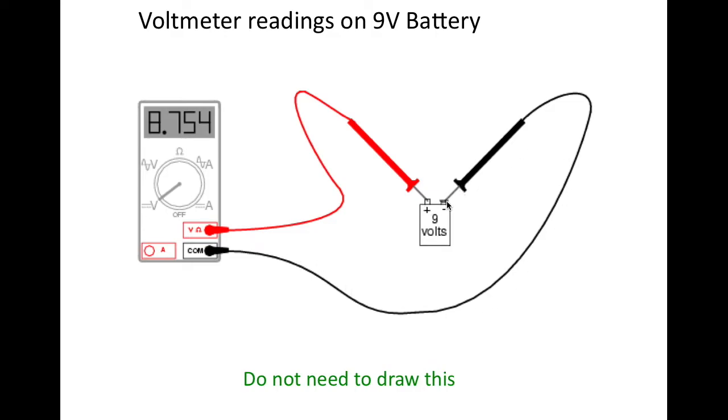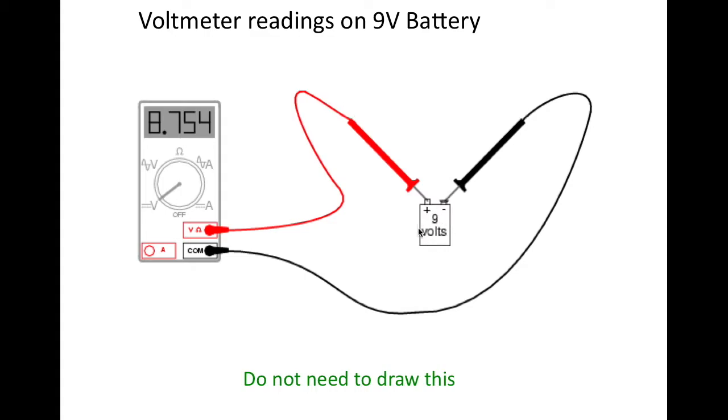The black side would touch the negative portion of the battery, and the red indicator would touch the positive side. You have created a circuit, and this circuit is going to go from the negative side through this voltmeter back into the battery over here.